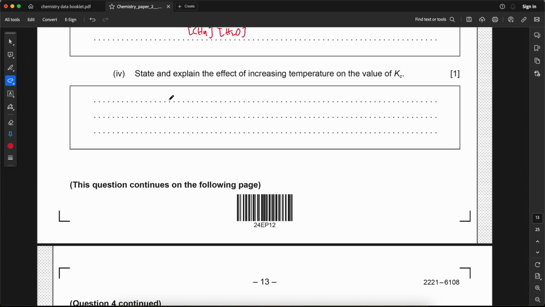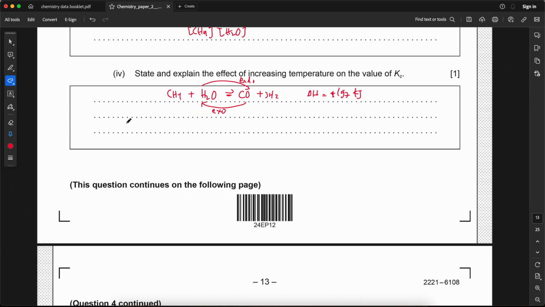The reaction itself is CH4 plus H2O becomes CO and then 3H2. As we calculated, delta H is positive 197 kilojoule. So forward will be endothermic, reverse will be exothermic because it's positive.